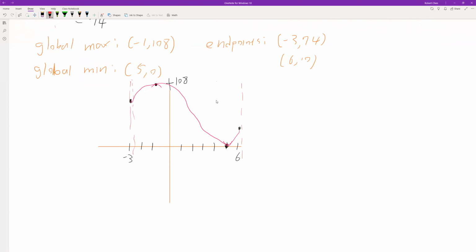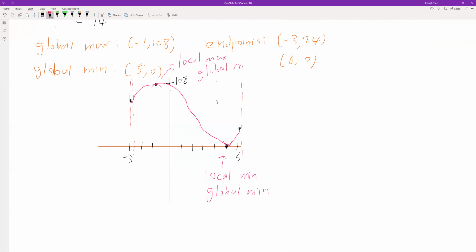So our local min happens to be our global min as well, and our local max happens to be our global max as well.